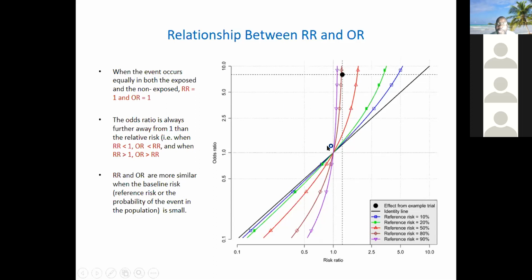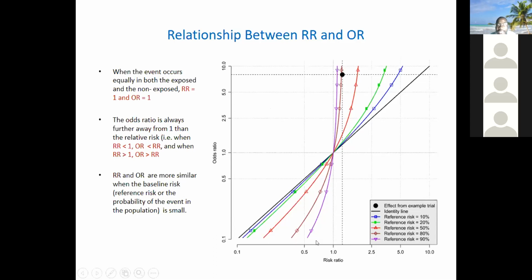Let's trace the value for this point, using this blue graph. Relative risk is 2.5, above 1. Where does it meet? The corresponding value of odds ratio is more than 2.5. Yes, exactly. Whenever both of them are greater than 1, odds ratio has a higher value.